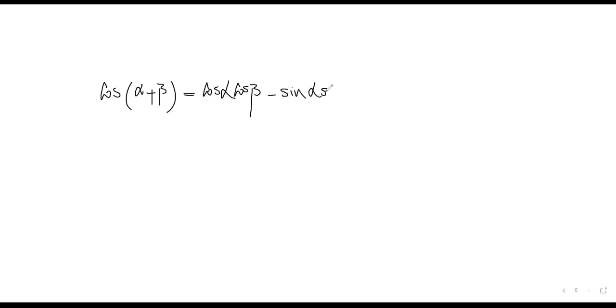Sine alpha, sine beta. Now, Lauren, you're going to ask me a good question. The question is, can I possibly imagine that alpha is equal to beta? Was that your question? Yes. If that was your question, then I'm going to rewrite it like that.